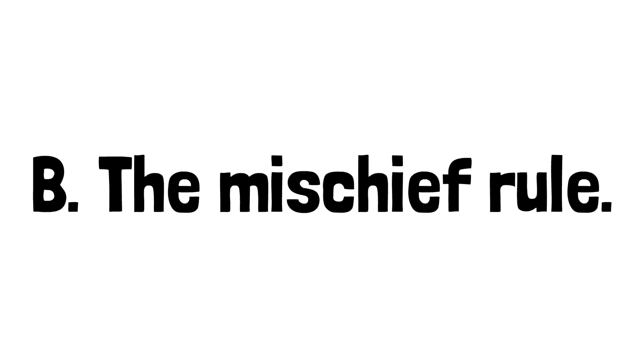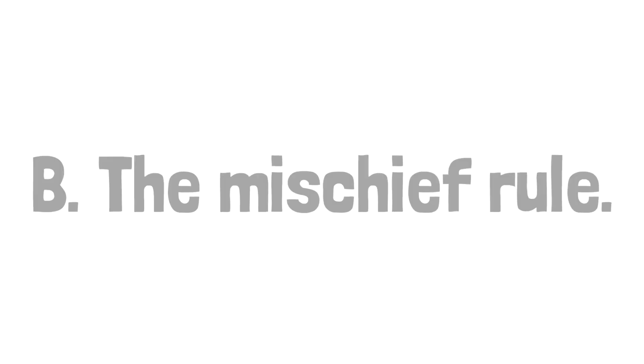A. The literal rule. No, we are told here that the judge is using a different interpretation because in this scenario, the literal, i.e. natural and ordinary meaning of the words would result in absurdity. B. The mischief rule. No, there is no mention here of the judge having to look behind the statute at the mischief which Parliament intended to remedy when making the law.